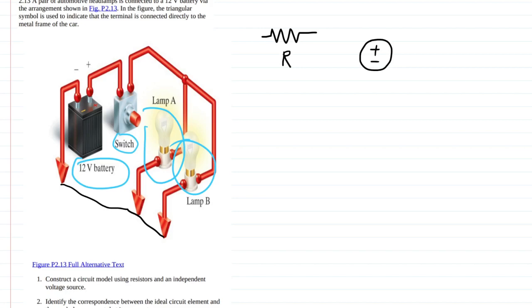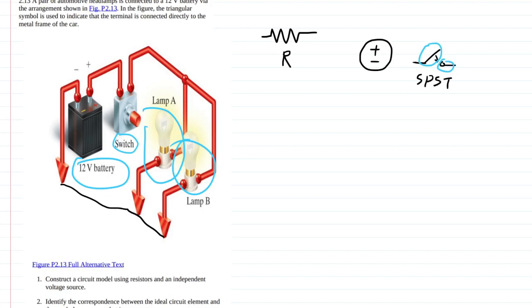You also, I don't know if the problem asked for one, but there is a switch. There's a couple of different representations for switches, but this is one that's pretty common. This one is a single pole, single throw switch, which means it has one arm and one place it can go.